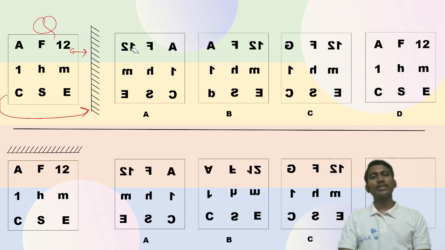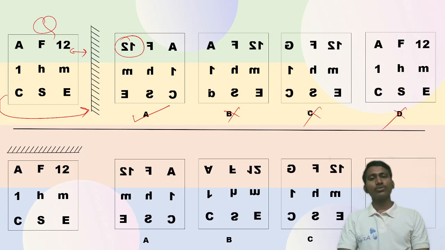So the answer will be like this, but it can be either this one or there is no such thing, right? So the answer will be option A. Okay, the answer is option A, not B, not C, not D.